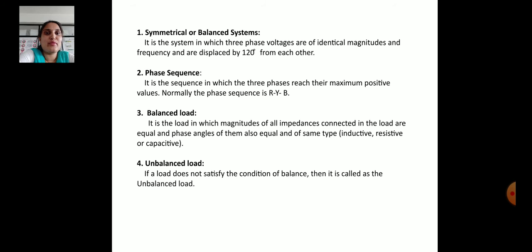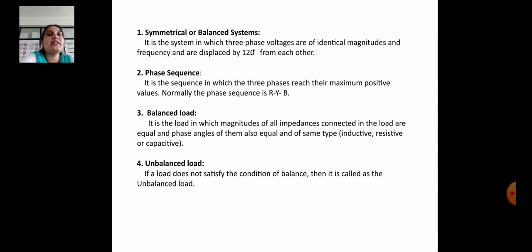Now there are some important terms: symmetrical or balanced system, phase sequence, balanced load and unbalanced load. First, what is a symmetrical or balanced system? It is a system in which all three phase voltages are identical in magnitude and frequency, and they are displaced by 120 degrees from each other.